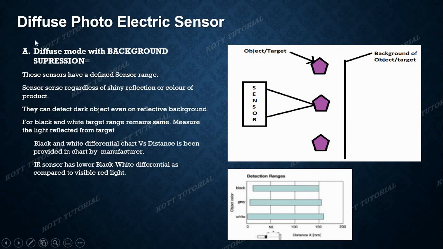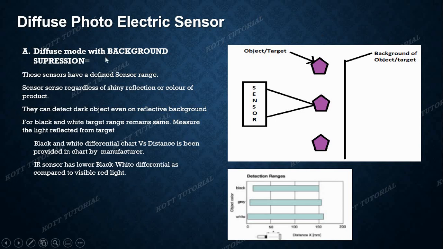It means the sensor is a diffuse mode photoelectric sensor with background suppression. As the name suggests, it is independent of the background. Whether a background is present or not, this sensor detects the product independent of the background. It detects the light reflected from the product, not from the background.